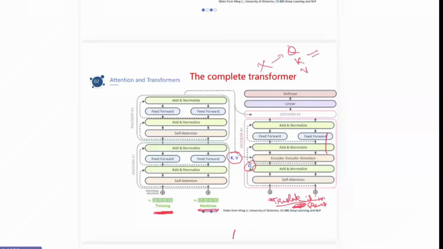Otherwise, things are very similar to other types of layers. Yeah, please mute it. So self-attention makes the difference for the transformer with respect to other architectures.